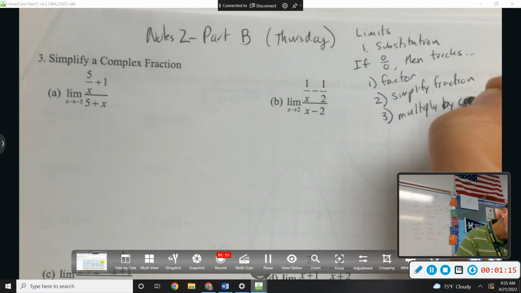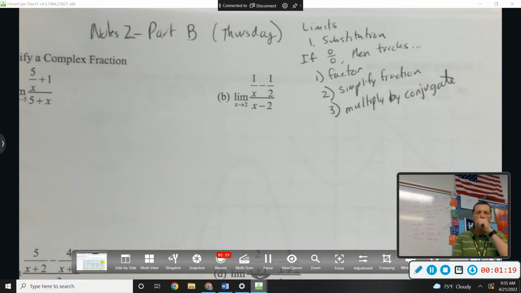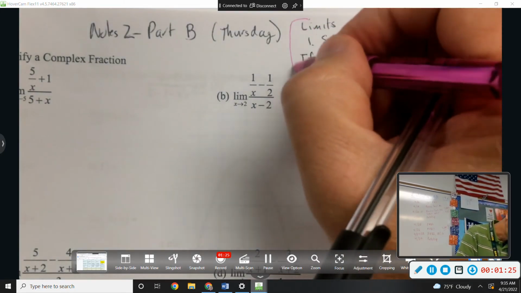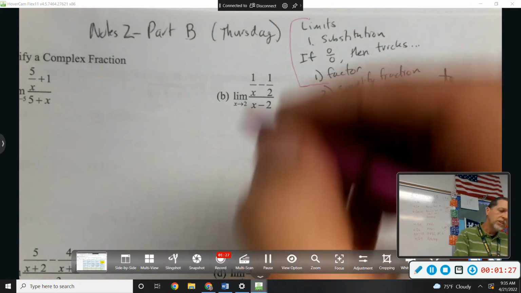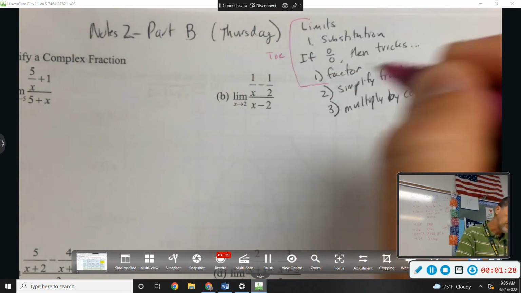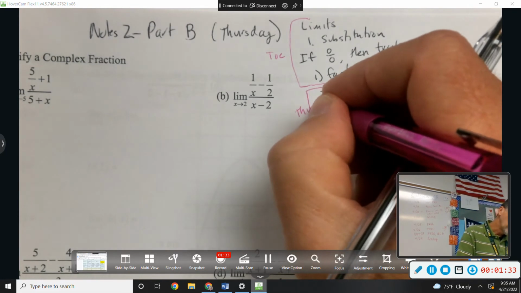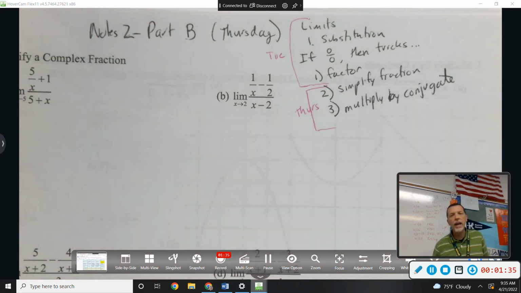Multiply by a conjugate. So that's the big picture on limits. We did the first couple of things on Tuesday. We'll pick up the next 2 tricks today.